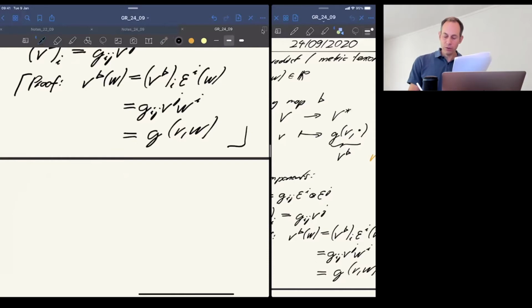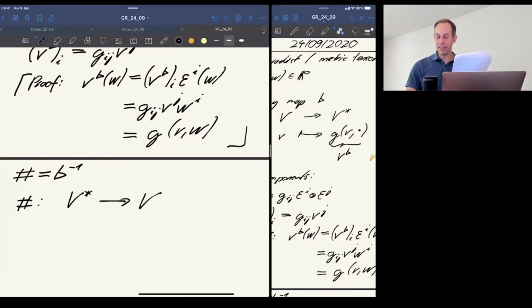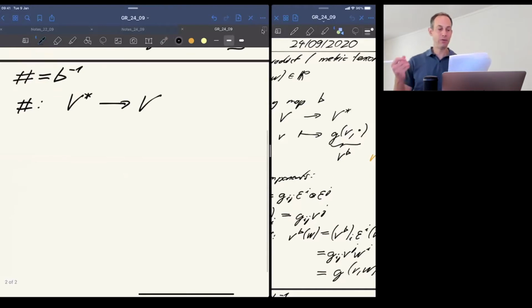Now what we can also do is define, I mean, we have seen this musical flat, which lowers the frequency of a sound, and there is of course also the opposite. This is called sharp, and we define it as the inverse of the map flat. So therefore sharp is an operation that takes vectors from V star and maps them back to V. Just the inverse of flat, so it therefore raises the index, if you like.